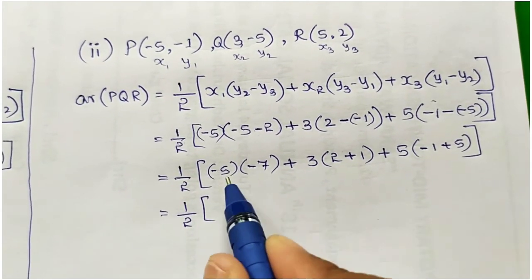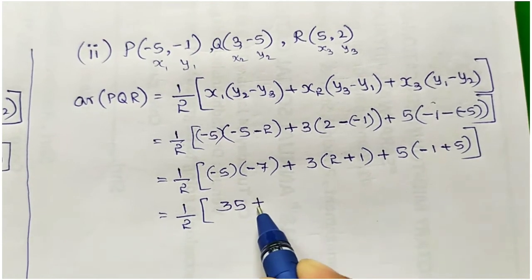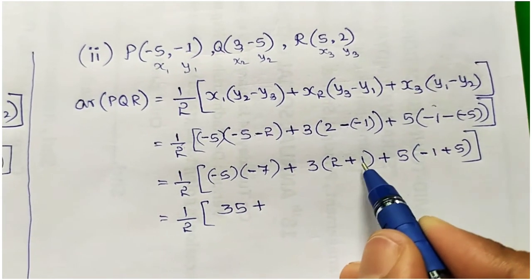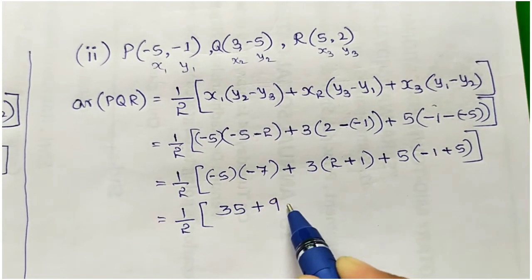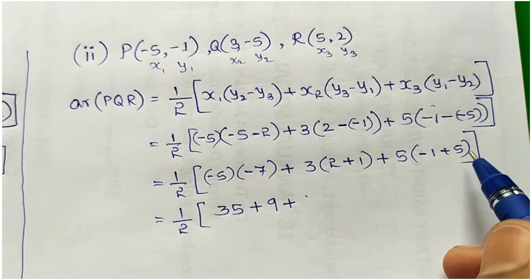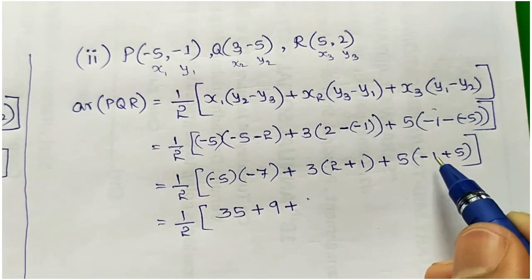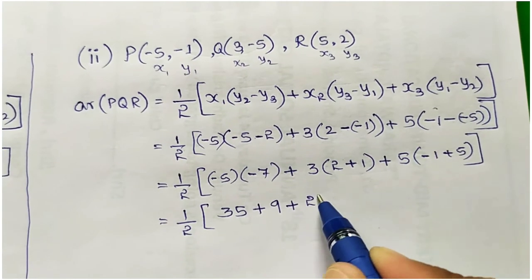Minus into minus plus, 5 sevens are 35, plus 2 plus 1, 3 3s are 9, plus 5 minus 1 we get 4, 4 5s are 20.